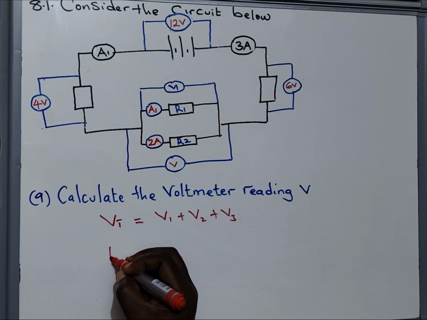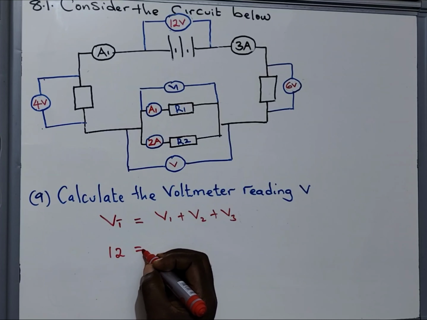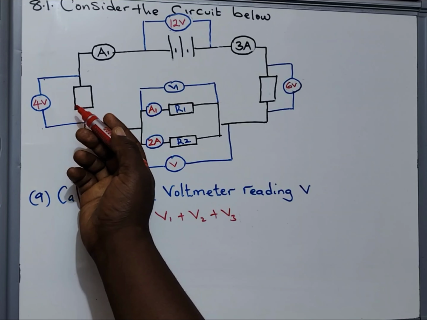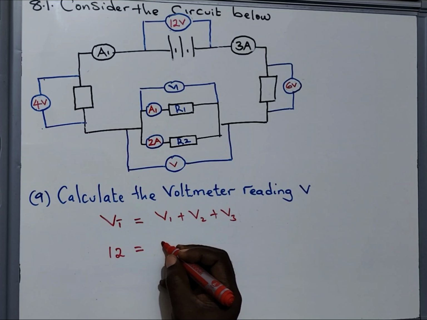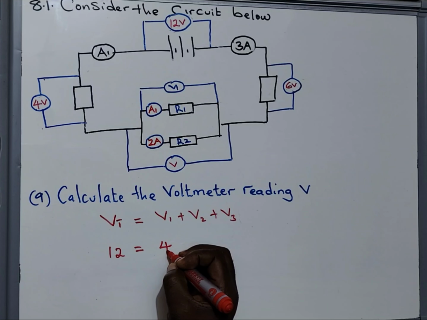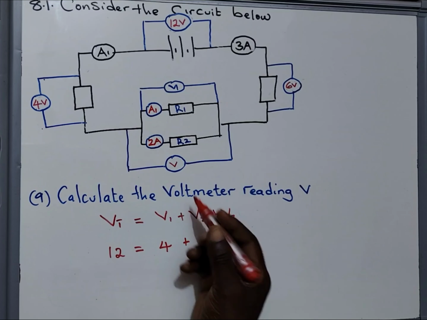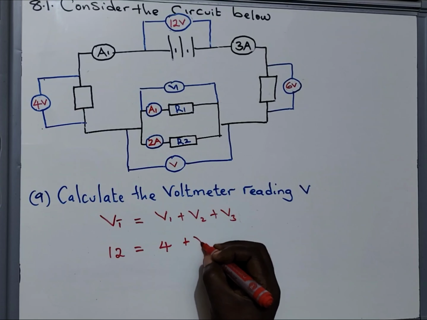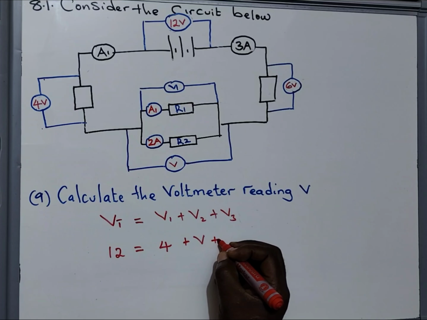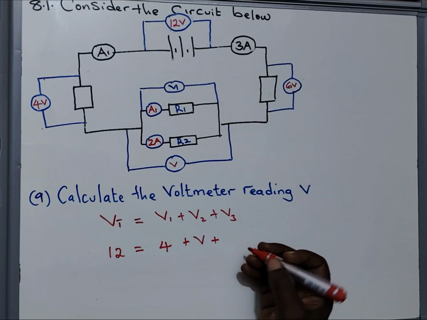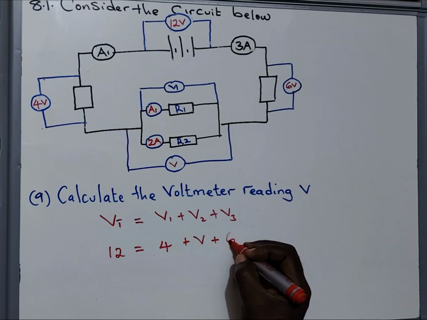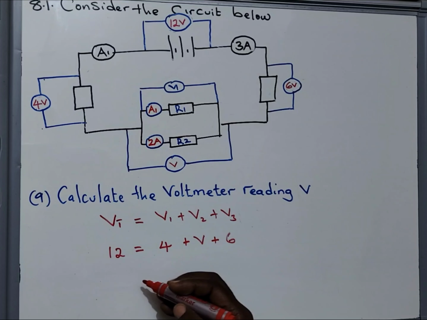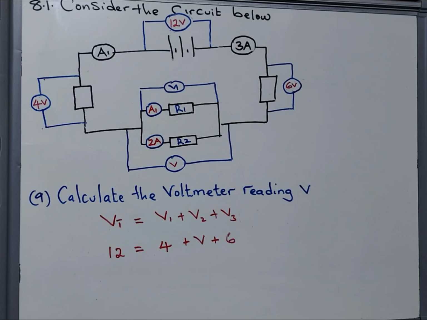It is given as 12. If we take this one to be our V1, we know it is 4 volts. For this one, we don't know it, so we can as well put it as V. But for this one, we know it as 6. So all the 3 sets of resistors have been represented here.